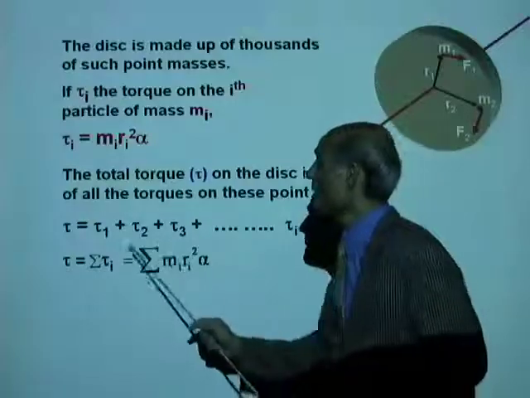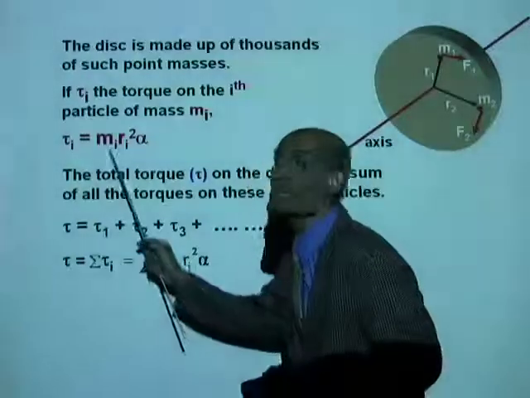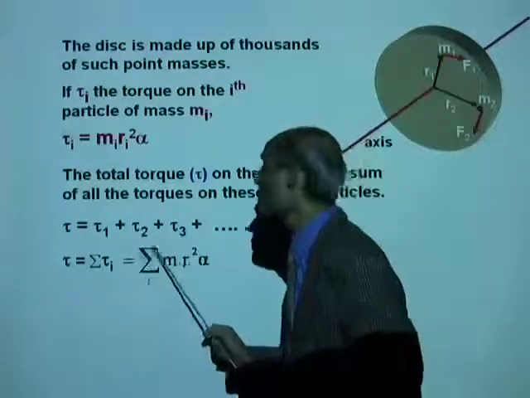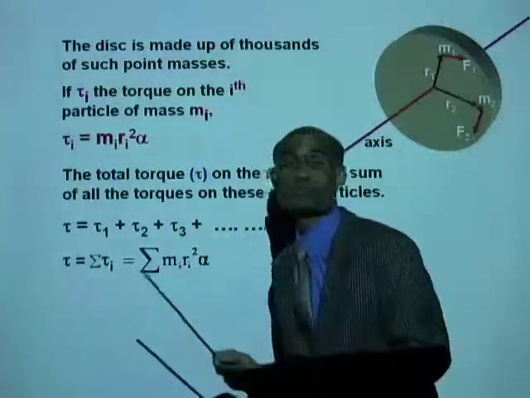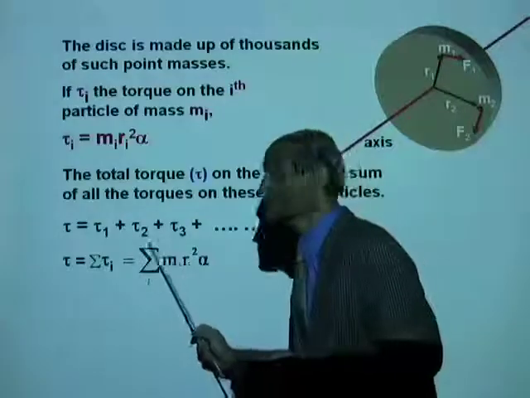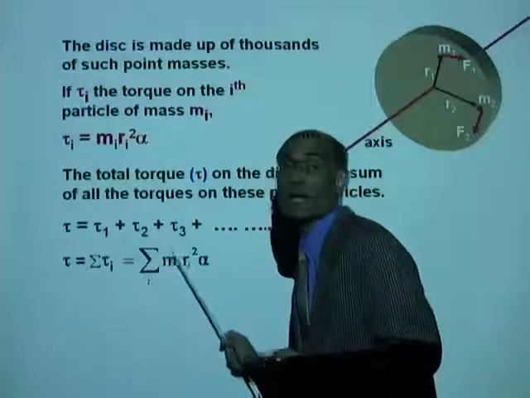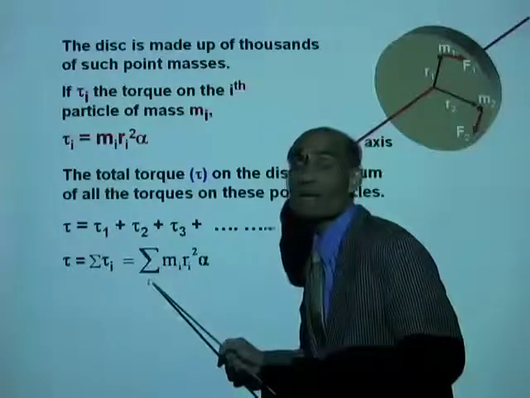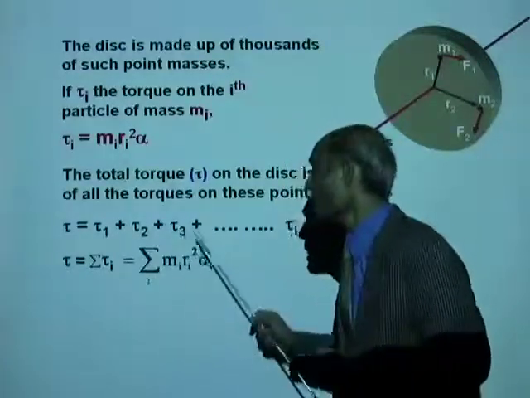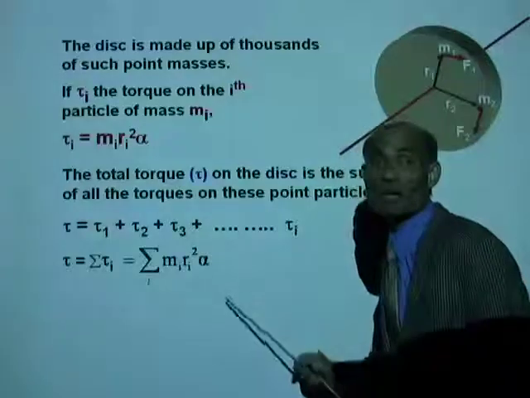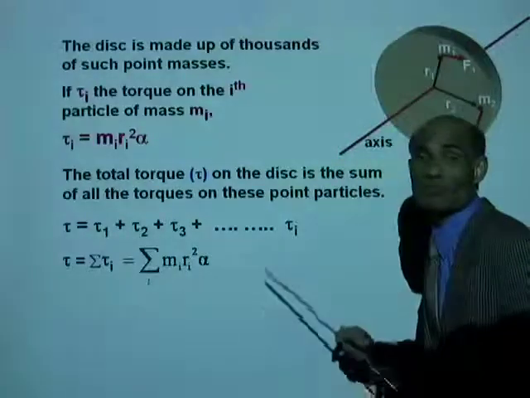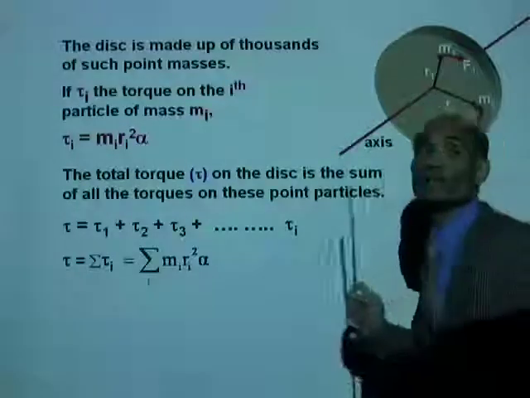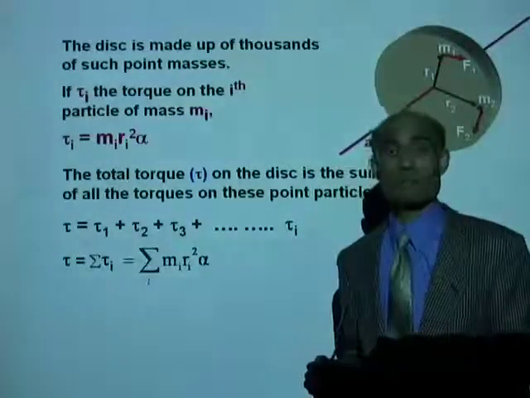And this tau i is mi ri squared alpha. So we say tau, the total torque on the disk, is summation i mi ri squared alpha. What does this mean? It means m1 r1 squared alpha plus m2 r2 squared alpha plus m3 r3 squared alpha, all the way to the last particle.